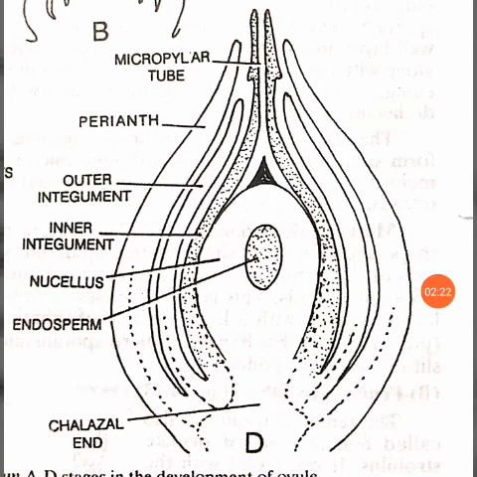A rudimentary pollen chamber is present at the tip of the nucellus. You can see the nucellus in the middle, with the small pollen chamber at its tip. However, the nucellar beak is absent, and the inner integument fuses with the nucellus at the base, at the chalazal end.